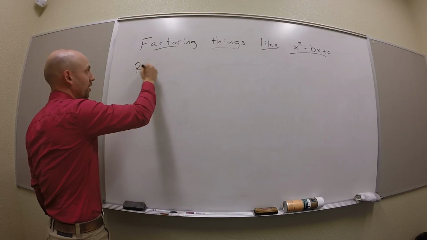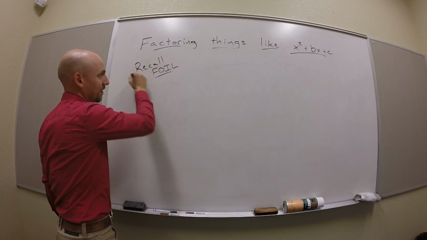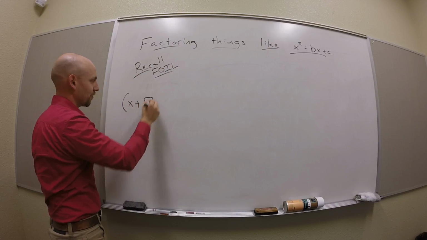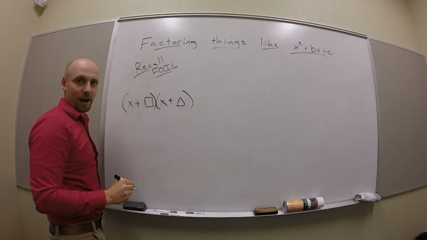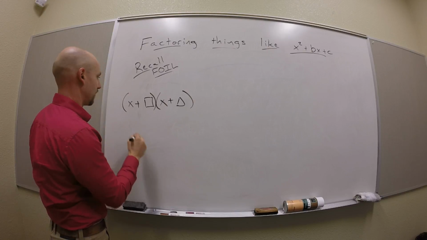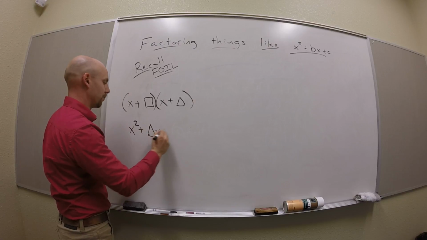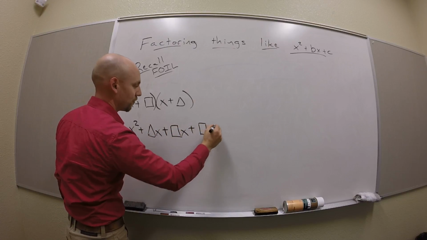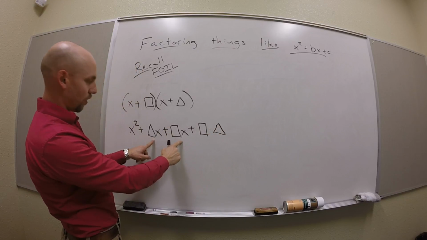So I'm going to recall the idea of foiling. Let me quickly foil something together and we'll just see how it looks. Say I want to foil together x plus square times x plus triangle. If you foil this out, you'll get x squared plus triangle x plus square x plus square times triangle, and then those guys go together.